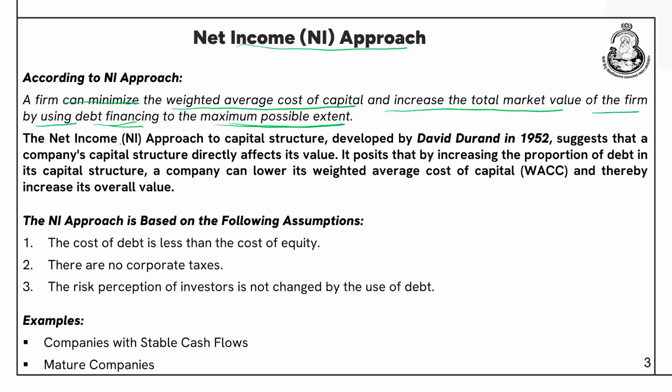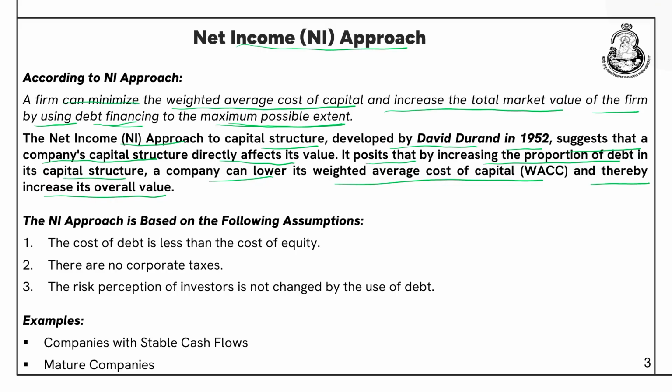So, the net income approach to capital structure, which was developed by David Durand in 1952, suggests that a company's capital structure directly affects its value. It posits that by increasing the proportion of debt in the capital structure, a company can lower its weighted average cost of capital, thereby increasing its value. If you remember the bucket example, right, we increased the proportion of the less expensive liquid.